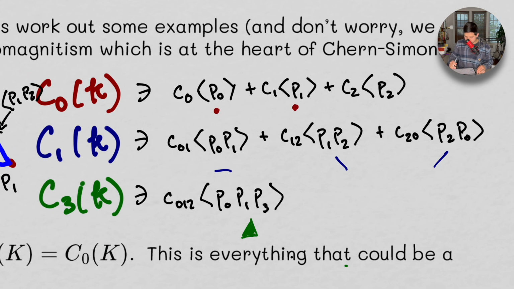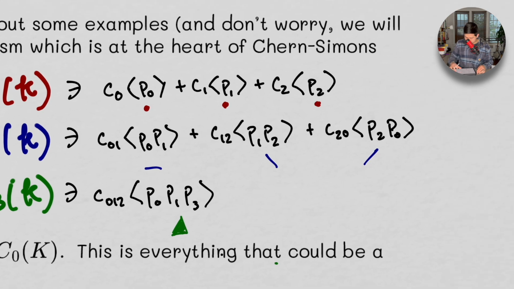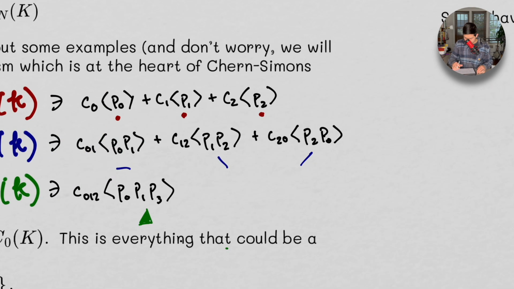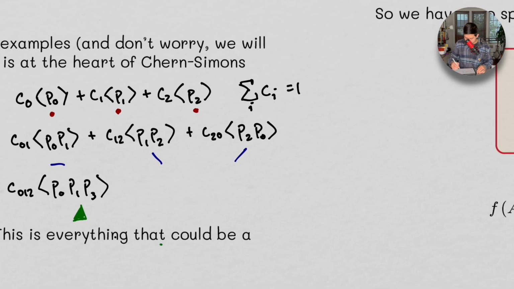And we make the stipulation, we've made the stipulation that the constants Ci, sum over i is equal to 1. Same thing here. Cij, sum over ij, that's equal to 1.